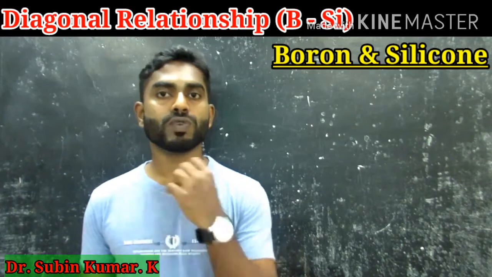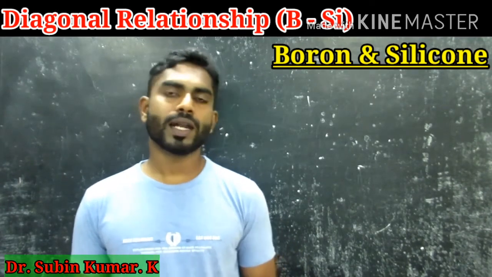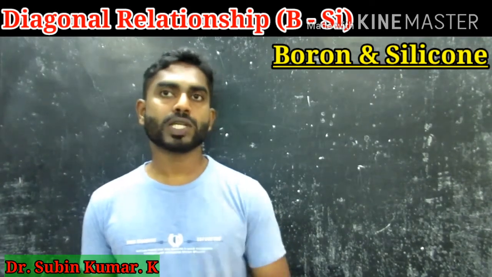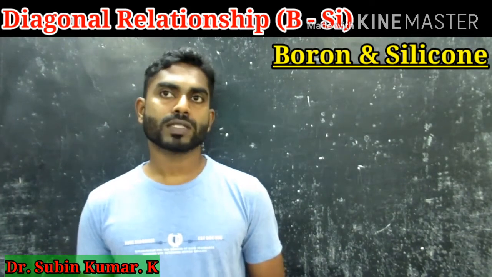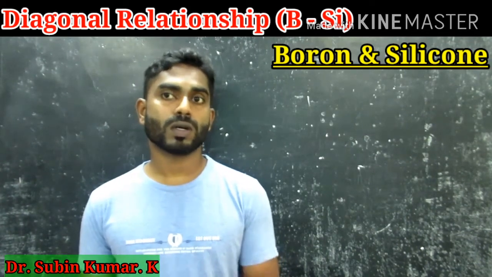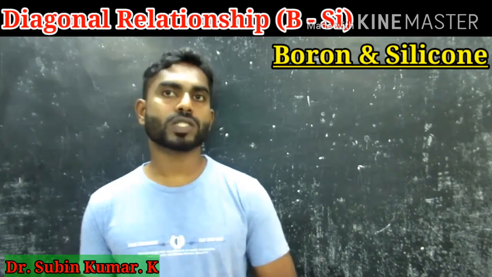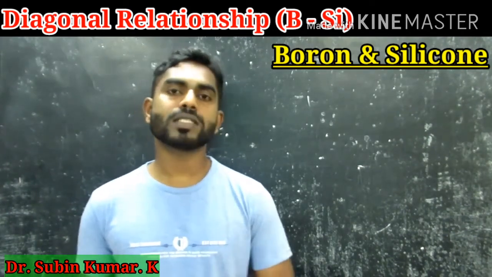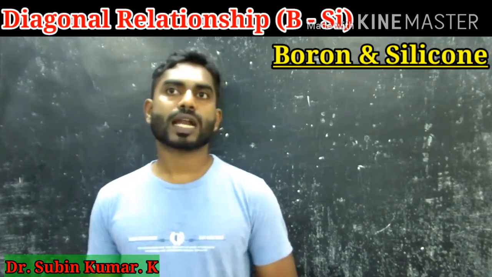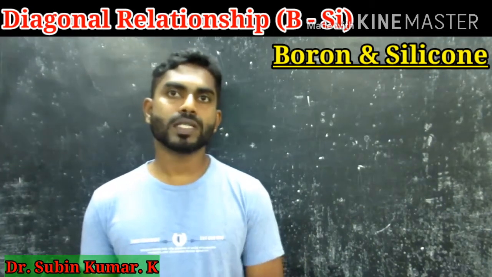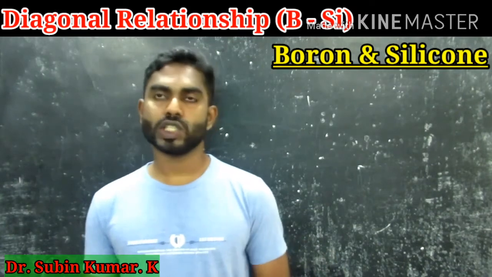Okay, an introduction to diagonal relationship. An element among the lighter elements, for example lithium, beryllium, boron, etc., of the second period resembles the elements of the third period placed diagonally to its right in the next group. This is called diagonal relationship.